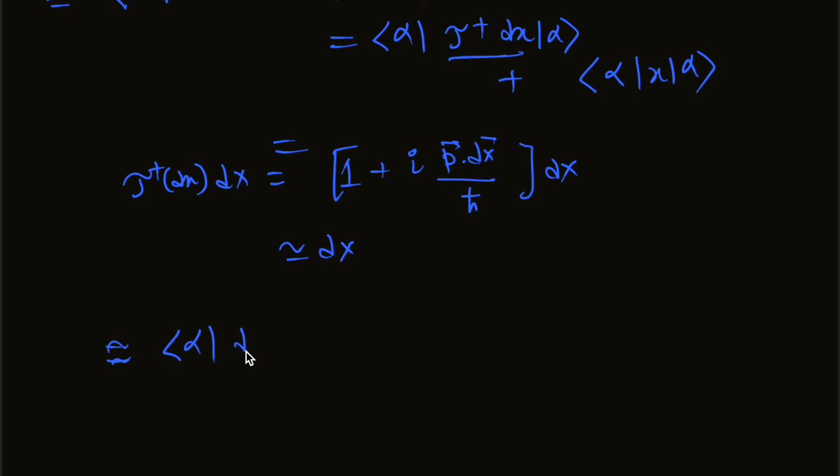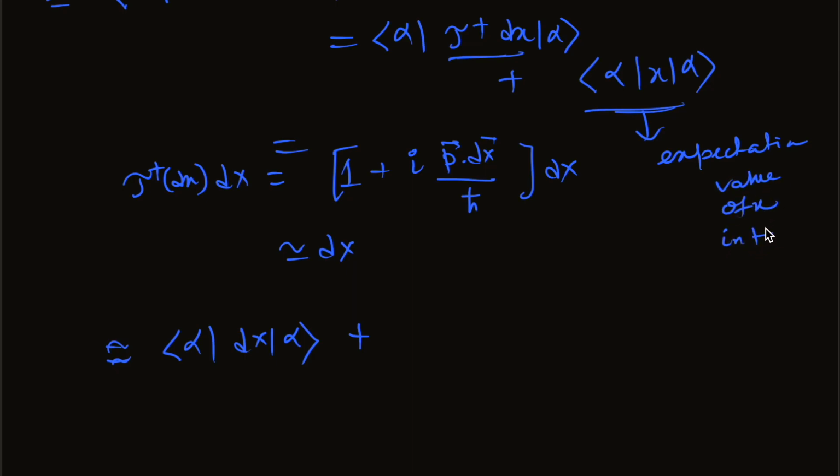That means this term can be simplified as alpha dx alpha plus the expectation value of x in the old state.